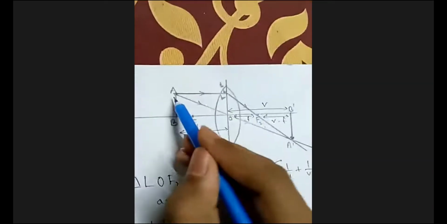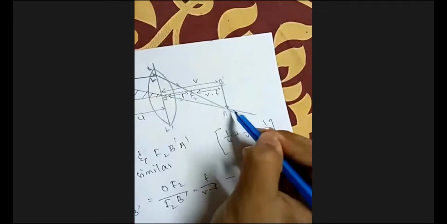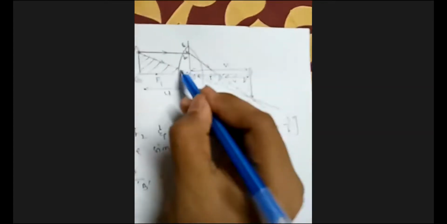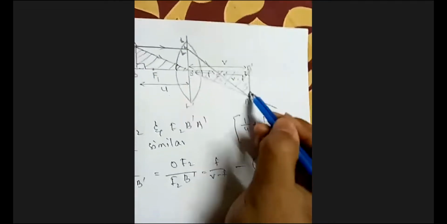Now we'll consider another triangle, ABO, and the triangle O A prime B prime. The same reasoning goes for this one. These two angles are equal, and this is also 90 degrees, this is also 90 degrees, so this angle and this angle will be equal.